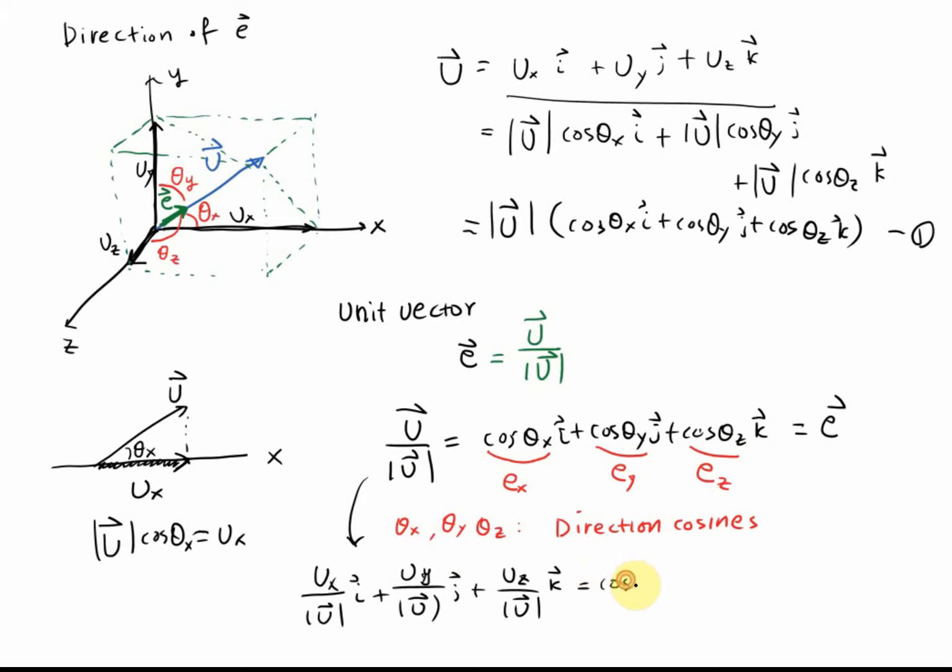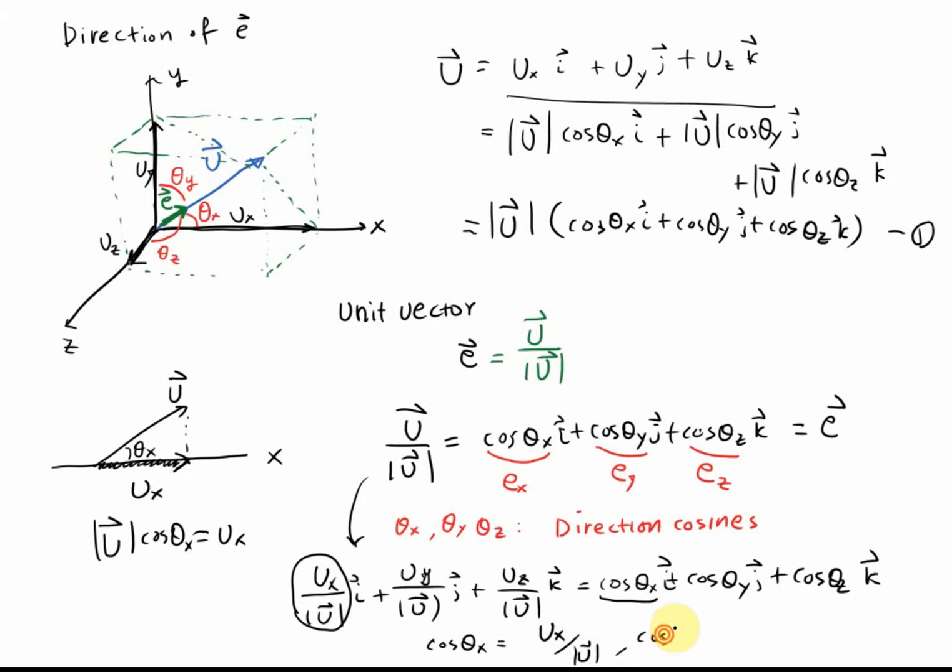Cosine theta x i, cosine theta y j and cosine theta z k. So cosine theta x becomes this one. If I write it down here, cosine theta x is equal to ux, the vector x component, divided by the whole magnitude of u.